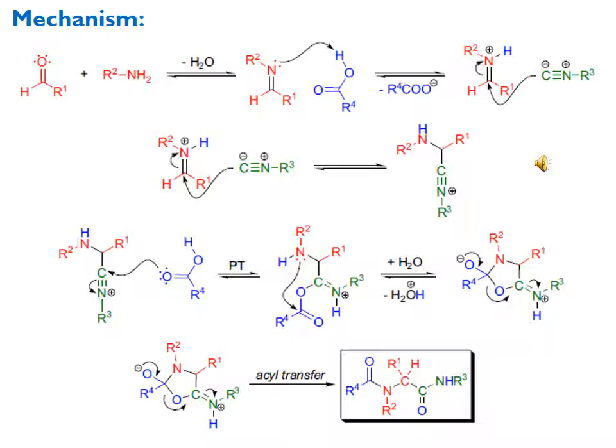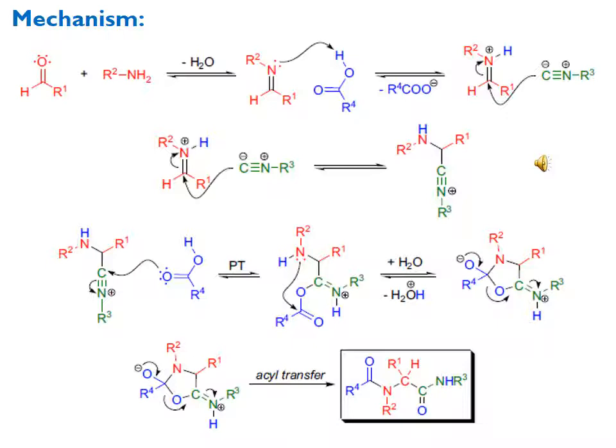In the next step, another molecule of carboxylic acid or the previously formed byproduct carboxylate ion can also be used here. Another molecule is shown here.